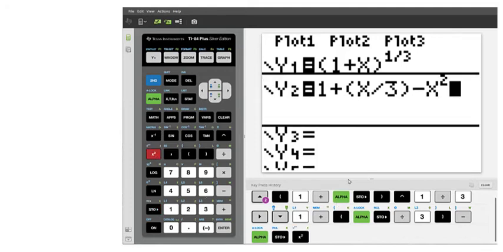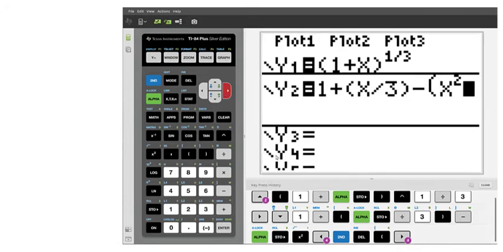No, I didn't do my parentheses. I can go back using the left arrow, and I'll do insert and put that parentheses in there, and then use the right arrow to go back to where I was.